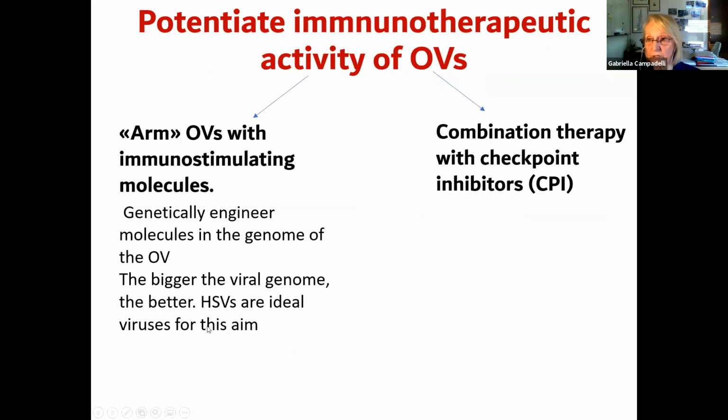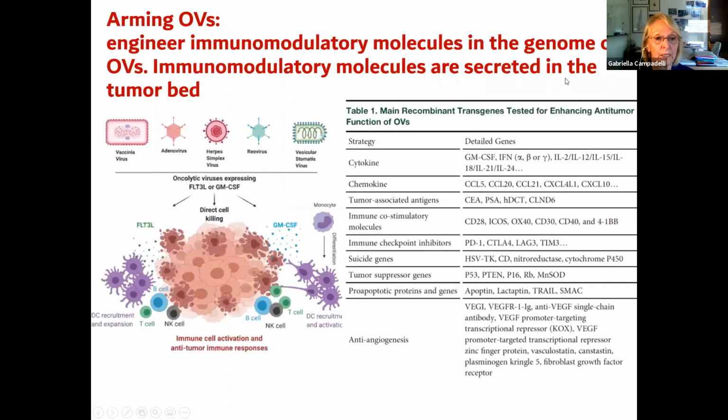HSV are ideal for this aim. Or we can combine with checkpoint inhibitors. So arming is genetically engineering into the viral genome a bunch of immunostimulatory genes. Some are reported here: GM-CSF, IL-2, IL-12, IL-15, and so on.